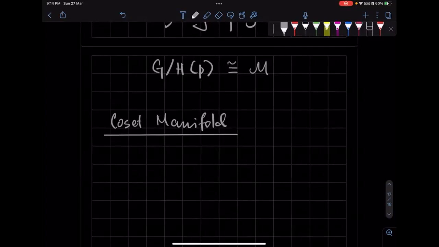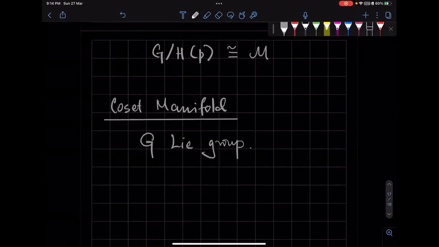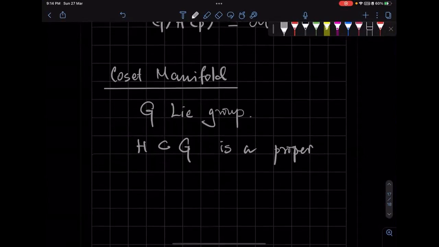Suppose you have some group G. It's a Lie group. So Lie group means that G has some parameter space, which is a manifold, right? And H is some proper, say, Lie subgroup, okay?